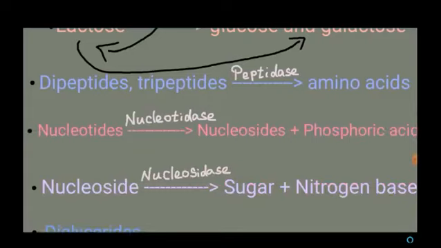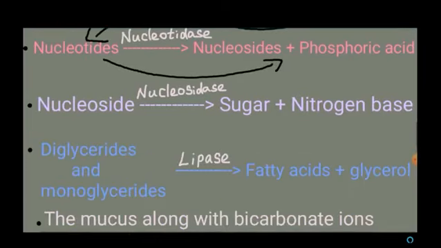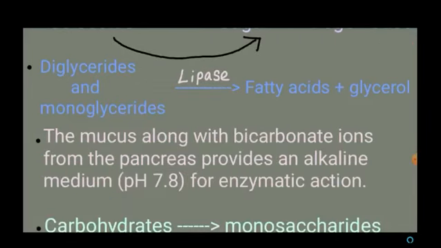In the case of peptidase, they act upon dipeptides and tripeptides and convert them into amino acids. Then nucleotidase. Nucleotidase acts on nucleotides and converts the nucleotides into nucleosides and phosphoric acid. And nucleosidase is the enzyme that acts upon nucleosides and converts the nucleosides into sugar and nitrogen base. Lipase. Lipase acts upon diglycerides and monoglycerides and converts them into fatty acids and glycerol.